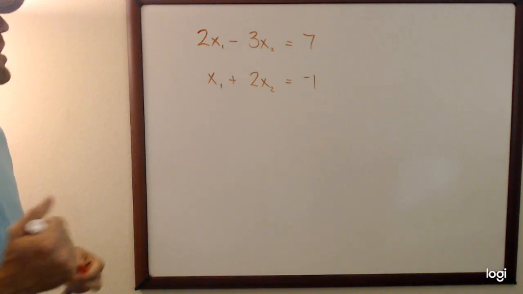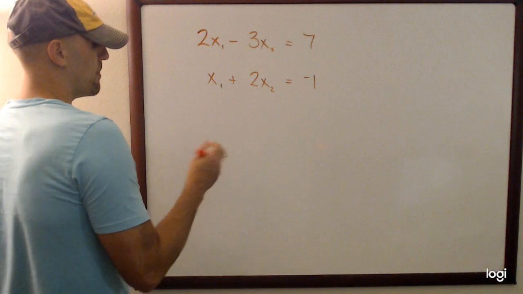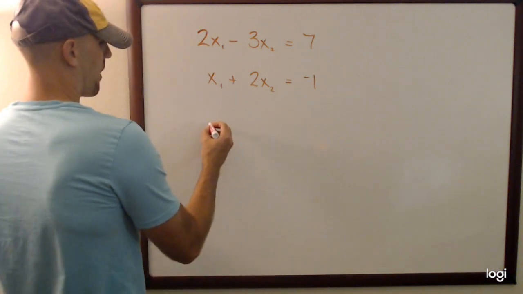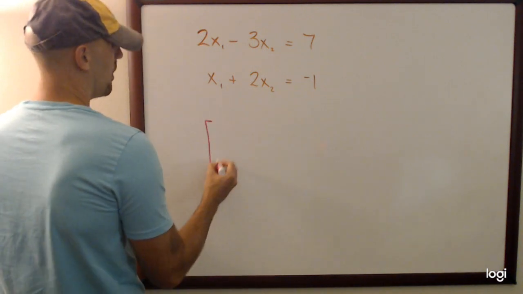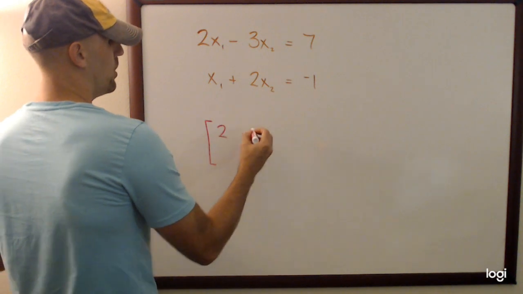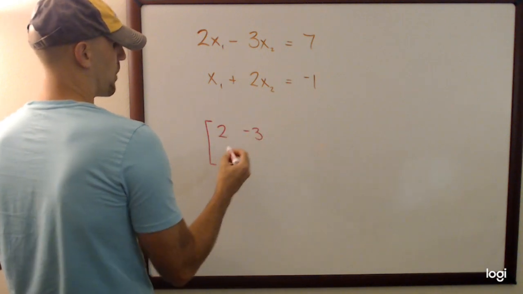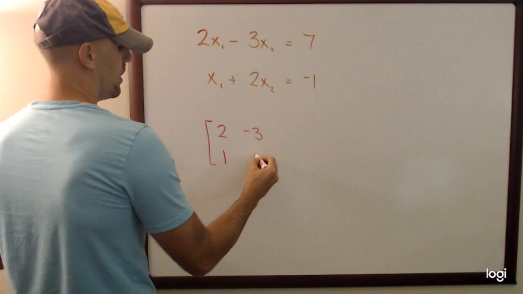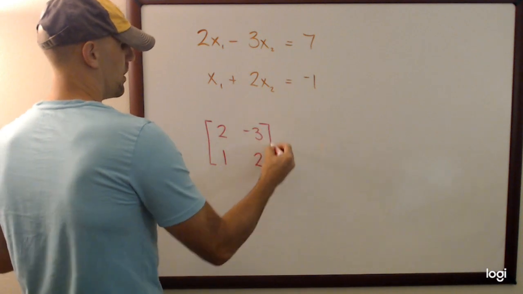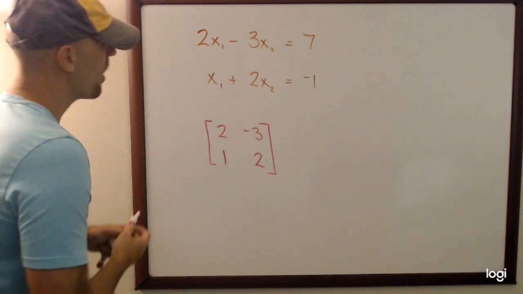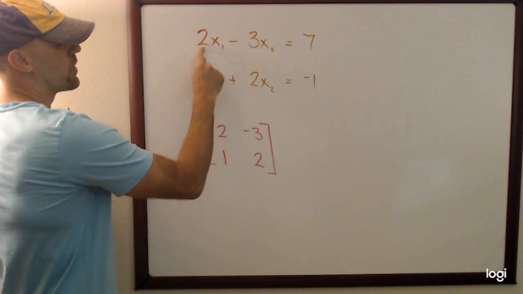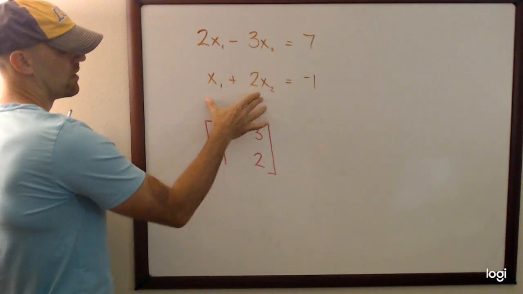Okay, so let me go ahead and define a matrix here. So I've got 2, -3, 1, 2. And of course, where did I get these numbers? Well, I just took the coefficients from my variables, right?